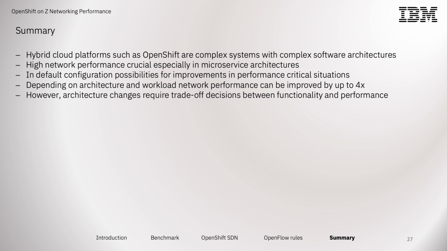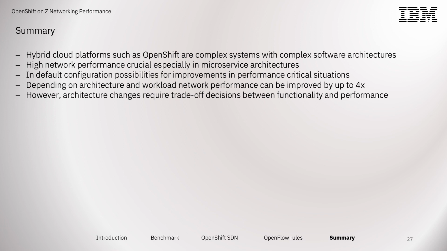Let me sum up this presentation. We have seen that the hybrid cloud platform OpenShift is a complex system with a complex software architecture, and we have highlighted the network part. High network performance is crucial, especially in microservice architectures, and in default configuration, we have possibilities for improvement, especially when we have performance-critical situations.